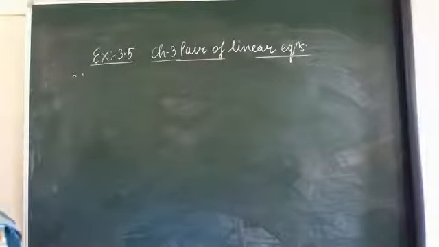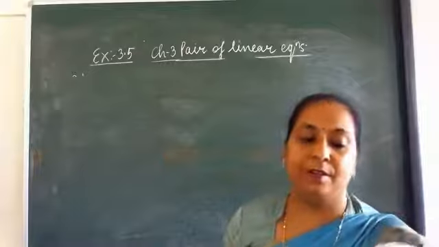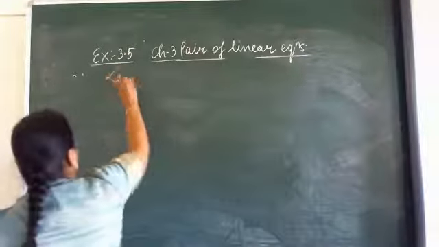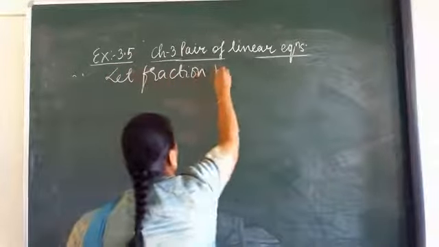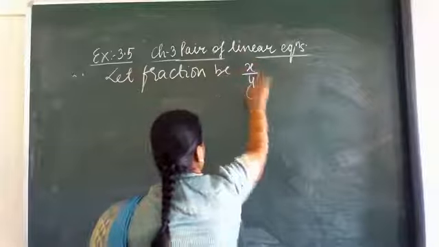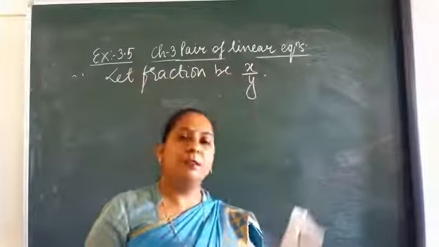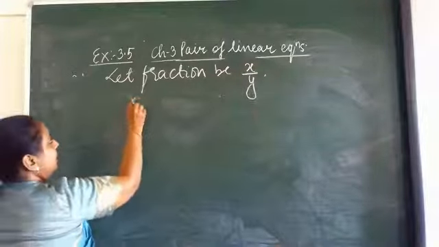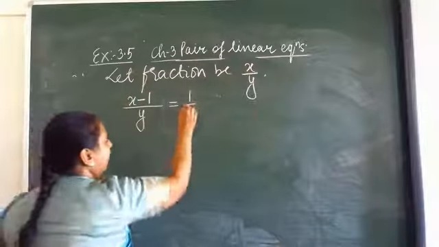Now coming to the second part: a fraction becomes 1 upon 3 when 1 is subtracted from the numerator. So let the fraction be x upon y. The first condition is that 1 is subtracted from the numerator, means x minus 1 upon y, and the fraction becomes 1 upon 3.